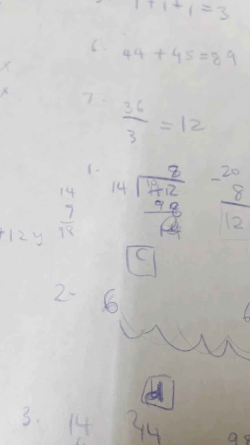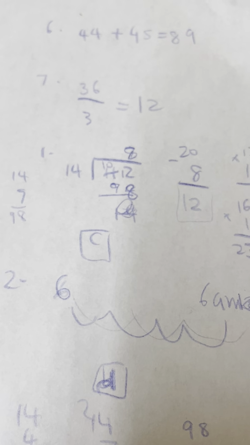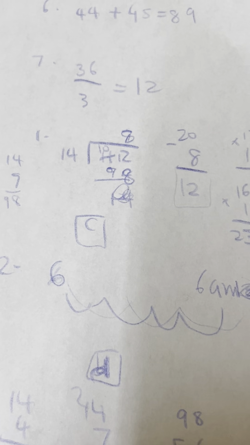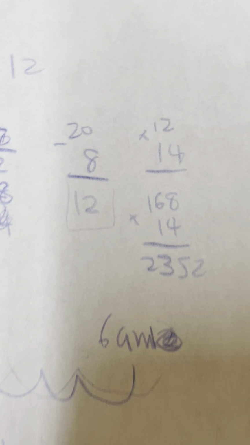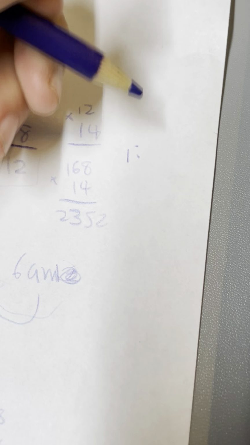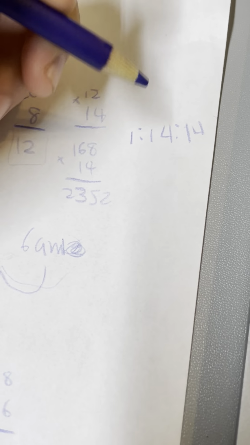So first we need to know how many sweaters she can make. And 14 times 8 is 112, so she can make 8 sweaters. So what we would do is subtract 8 from 20. So she needs to make 12 more sweaters. But we need to know the cost. And to get the cost of a sweater, we need to make it a ratio of 1 sweater to 14 balls of yarn to $14 for 1 ball of yarn.